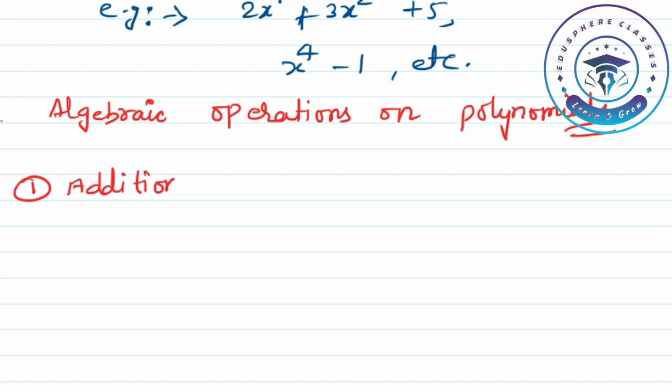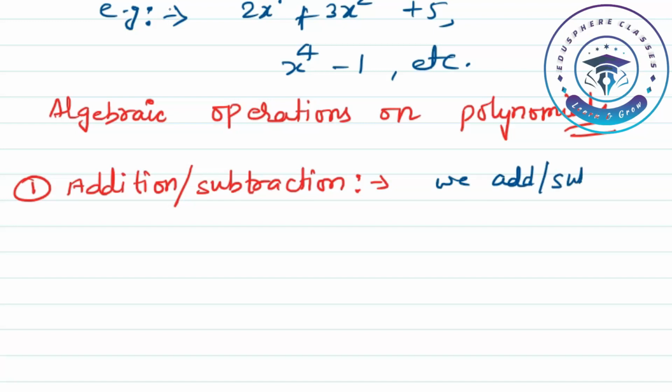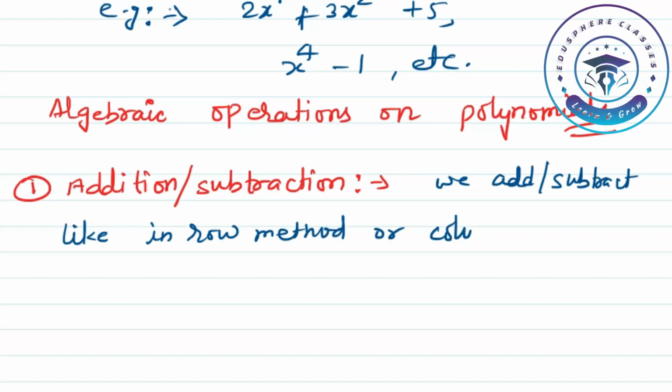In addition or subtraction, what we do is add or subtract like terms in row method or column method.